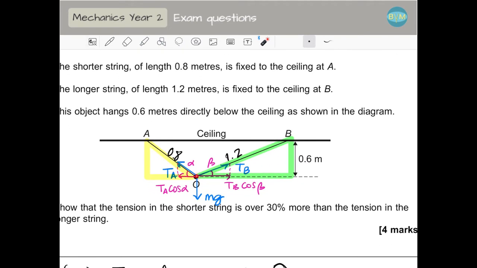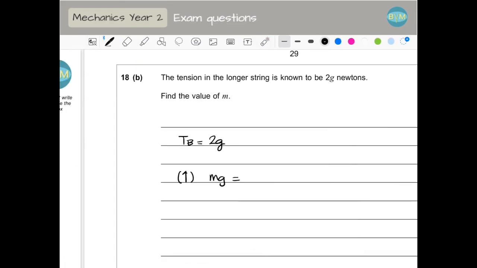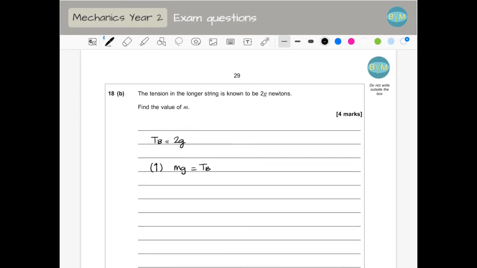It's going to be a bit messy if I do it here, but the vertical component of TB is going to be TB times sine, because it's opposite to the angle. So TB sine beta, and the vertical component of TA is going to be TA sine alpha. So I have TB sine beta plus TA sine alpha.